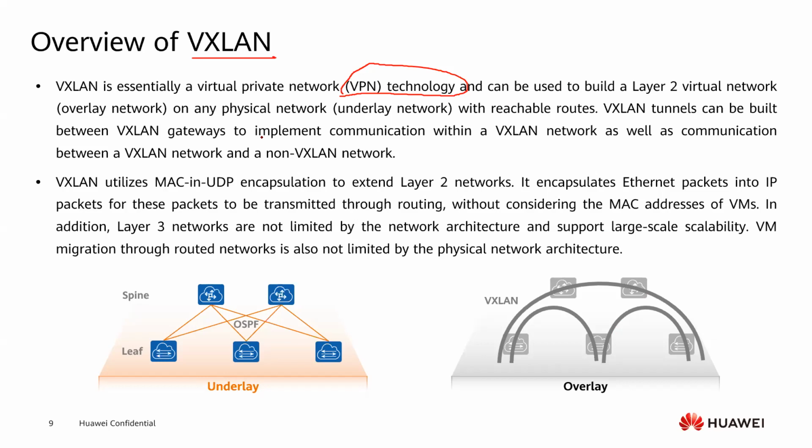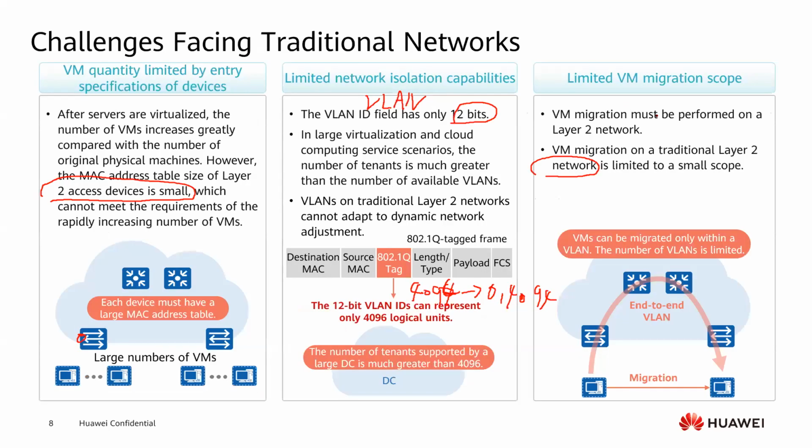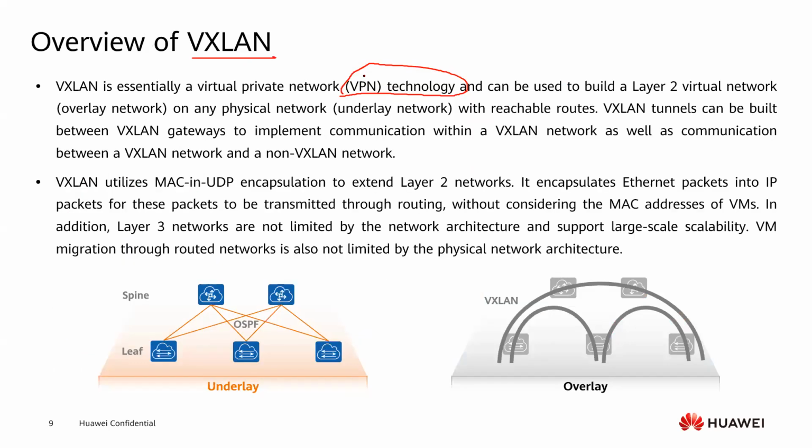That is VXLAN. So for the first requirement, to build a layer 2 extension network with a huge scope, we can use this feature. It is a VPN, so the scope of the network doesn't matter just because it's logical. So it can be as huge as possible.